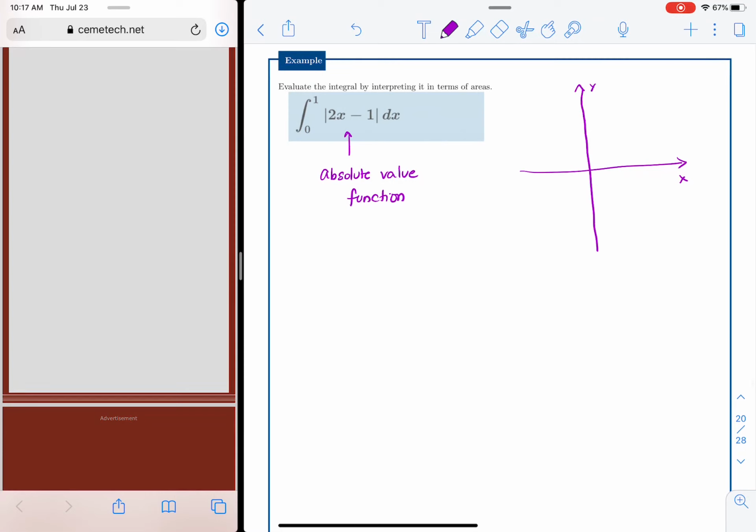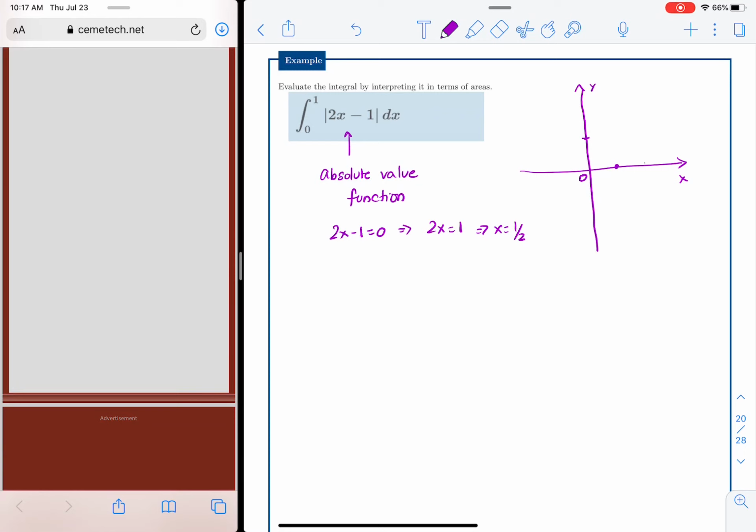And if we set 2x minus 1 equal to 0, 2x would be equal to 1, x would be equal to 1/2. So at 1/2 it becomes 0. When we have 0, we have the absolute value of -1, which would give us 1.